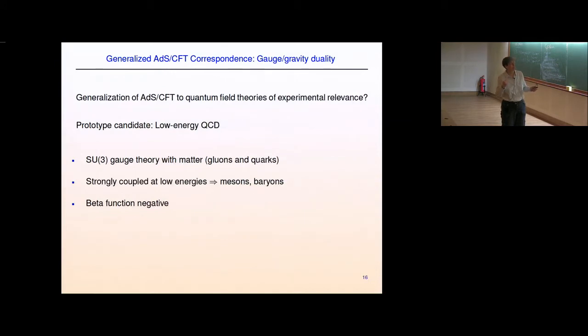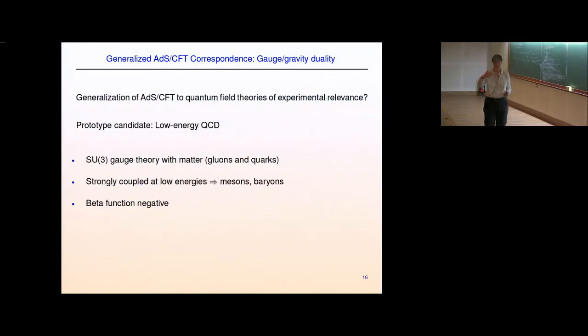It's an SU(3) gauge theory, and it has gluons and quarks. It's strongly coupled, which makes it not very accessible to perturbation theory at low energies. The bound states are mesons and baryons, and it has a negative beta function rather than a vanishing beta function.